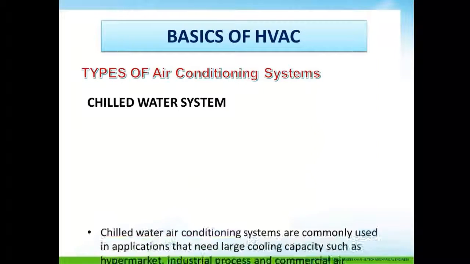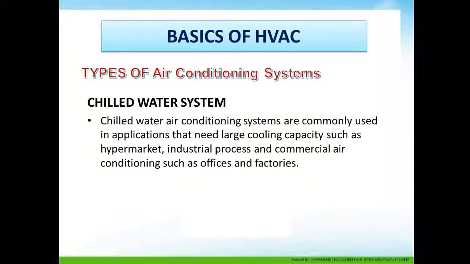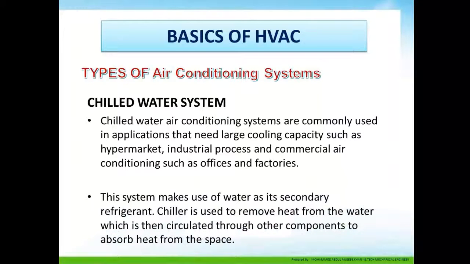Chill water system. Chill water air conditioning systems are commonly used in applications that need large cooling capacities, such as hypermarkets, industries, process, and commercial air conditioning at offices and factories. This system makes use of water as its secondary refrigerant.